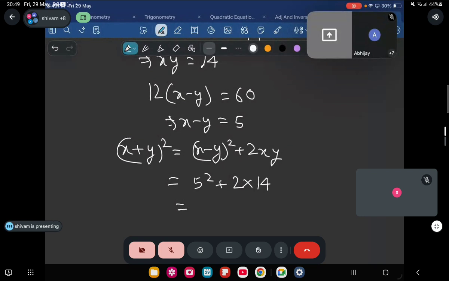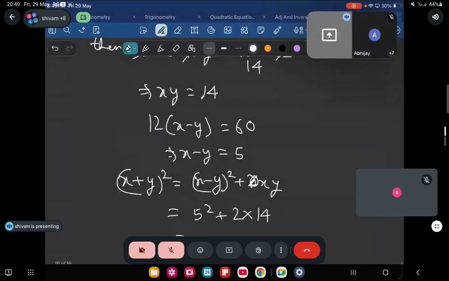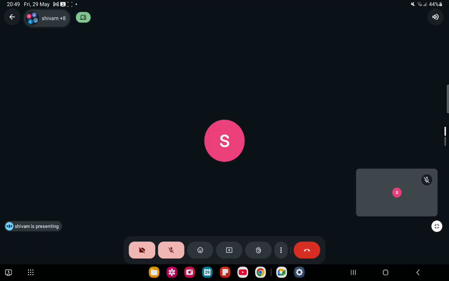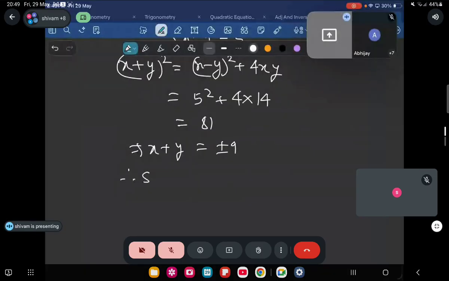That gives 25 plus 56, that is 81. So x plus y is equal to plus minus 9. Therefore, the sum of the numbers is 12 into x plus y, which is 12 into plus minus 9, which is equal to plus minus 108.